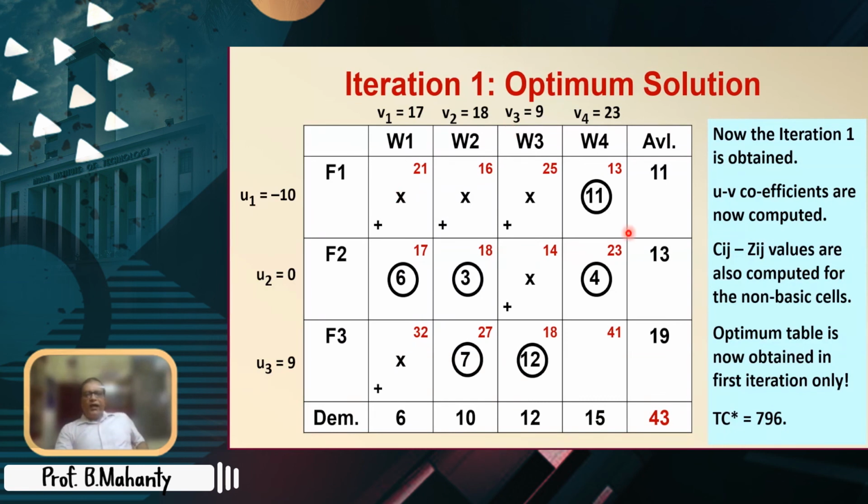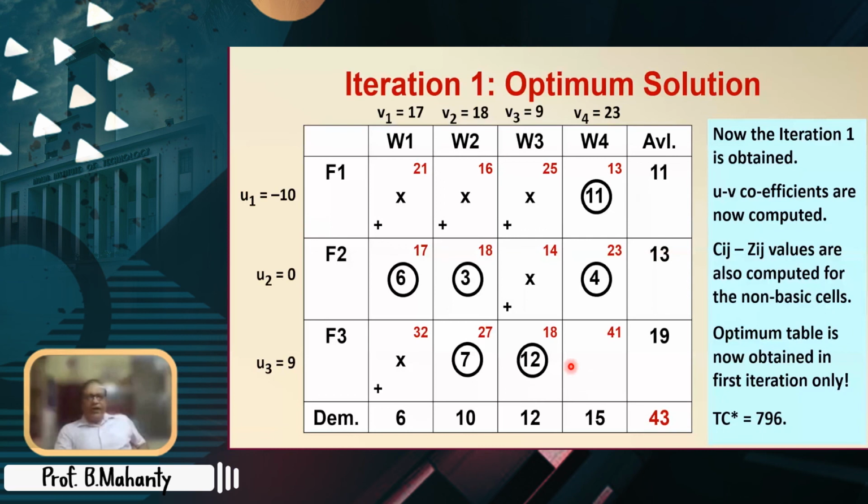So all are done, and then the Cij minus Zij values are obtained, and incidentally we now find all of them positive: 21 plus 10 minus of minus 10, 17 plus 16 minus of minus 10, 25 minus of minus 10, 9 plus 14 minus 0, 9 plus 32 minus 9, 17 plus 41 minus 9, 23 plus.